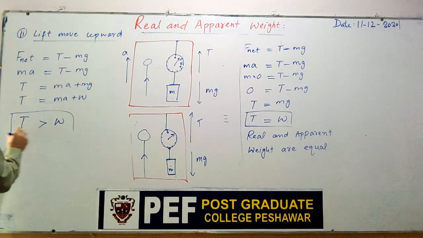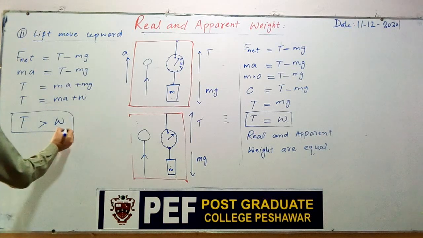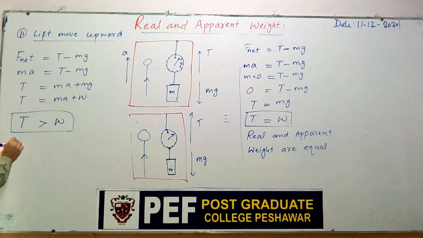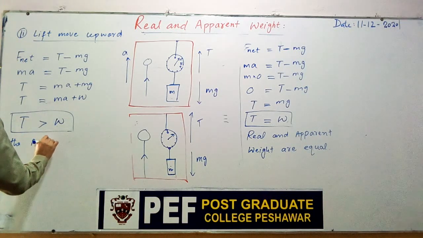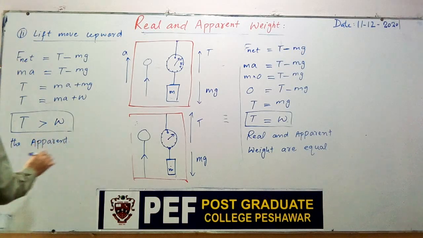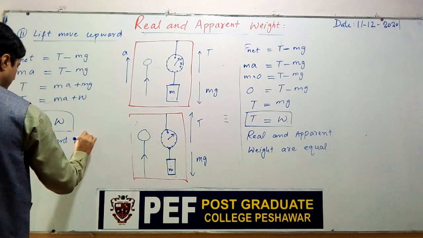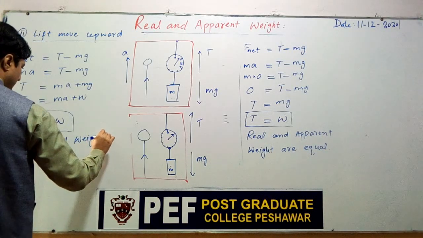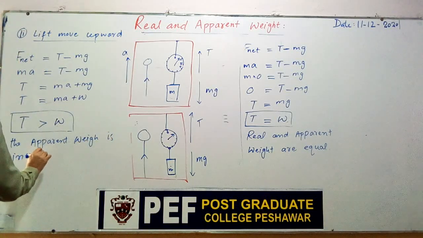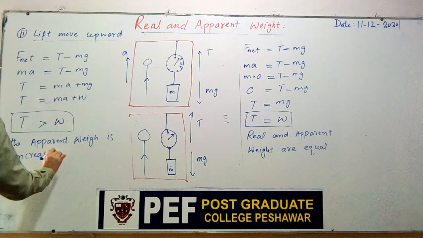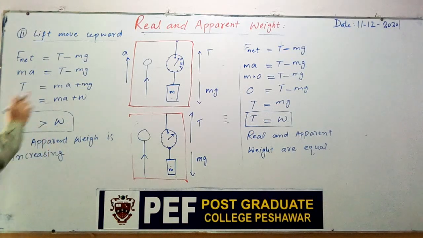So hence, when the lift moves in upward direction with certain acceleration, the apparent weight is increasing. Apparent weight in this case will be greater than the real weight.